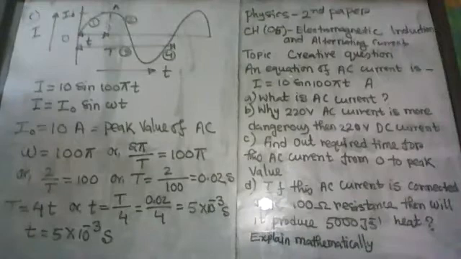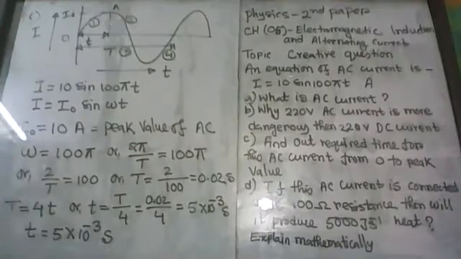So this is the answer of question number C. It is 5 into 10 to the power minus 3 second. Now, boys and girls, I'm going to solve the next question.